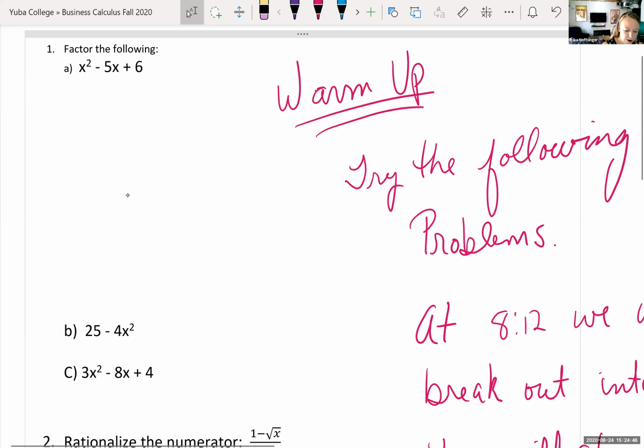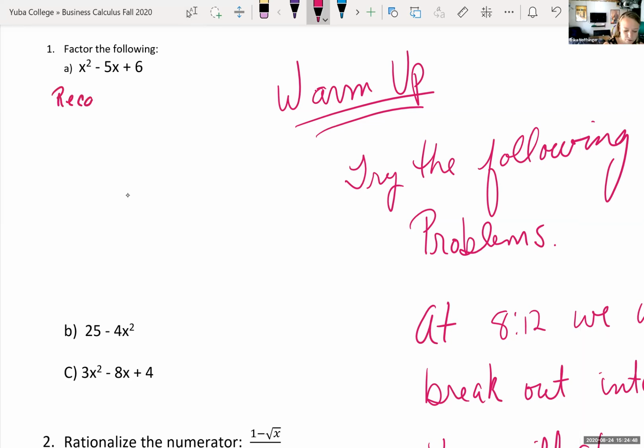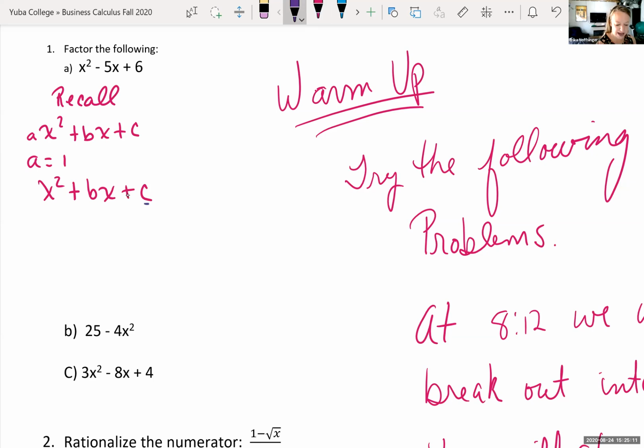So maybe recall, if you're factoring something in the form ax squared plus bx plus c, where a is equal to 1, so we could write it as x squared plus bx plus c, this is where you're looking for the 2 numbers that would multiply to give you your constant c and would add to give you the coefficient in front of your x term, b.